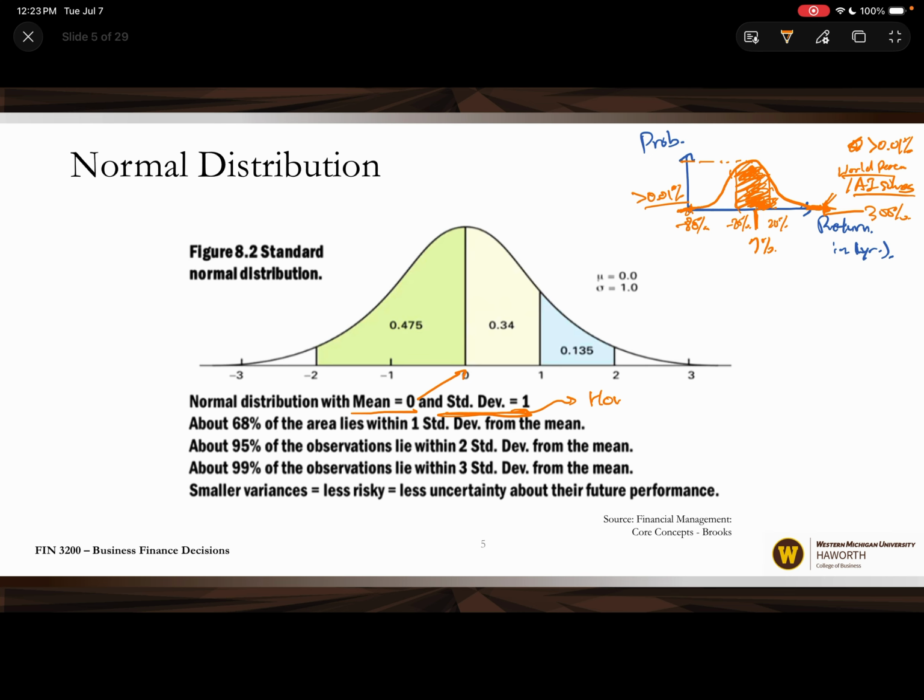If something is really volatile, the curve is wider and flatter. But if it's less volatile, it'll look more like this, more centered around the mean, and it's higher. The probabilities are higher. You know what I mean?